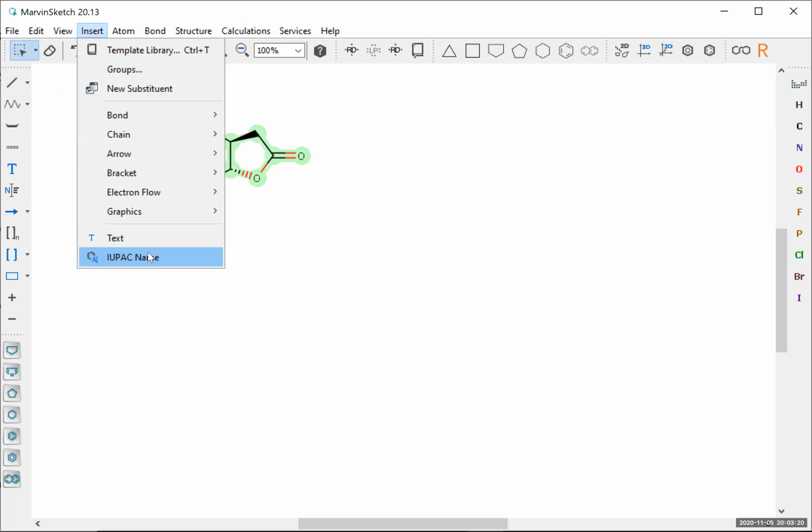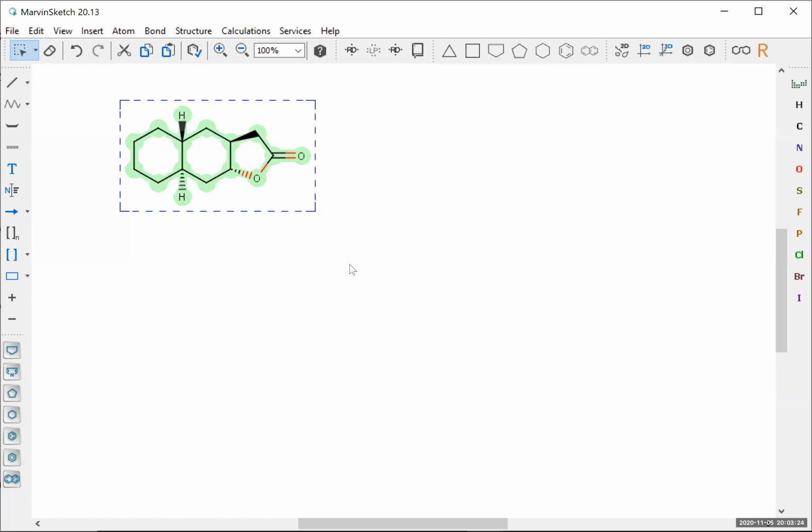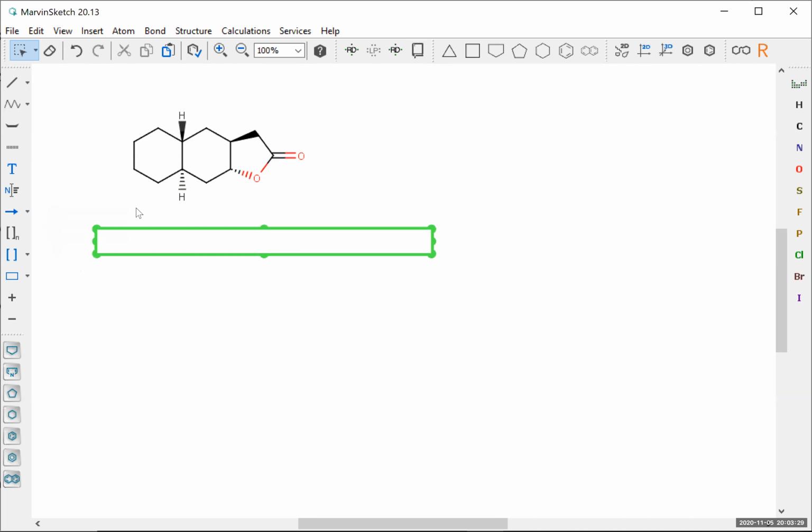Okay, you go to insert IUPAC name, and it will go through and name the compound and assign the stereochemistry at each stereocenter.